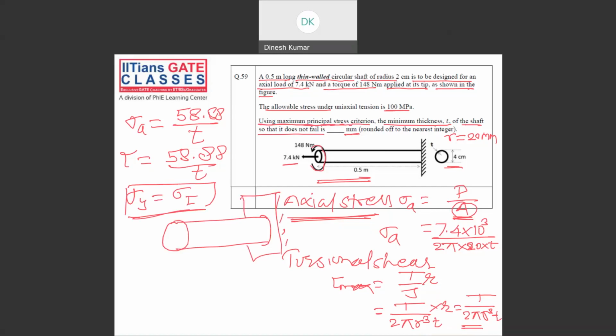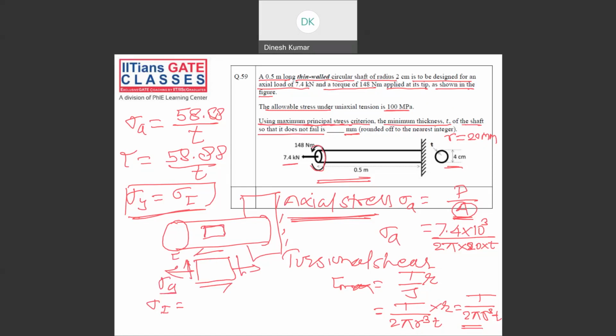Now if you take a stress element on the surface, there is an axial stress and a corresponding shear stress. In this case there is no circumferential stress, because you have only normal stress in the axial direction.